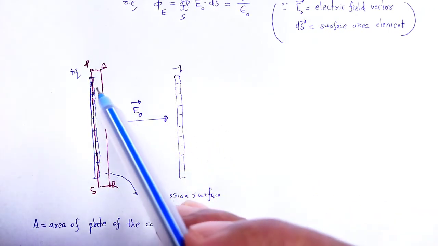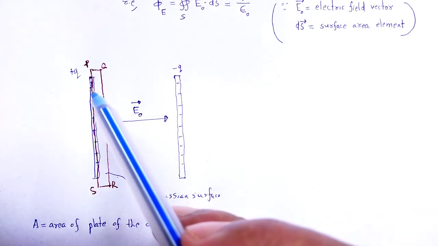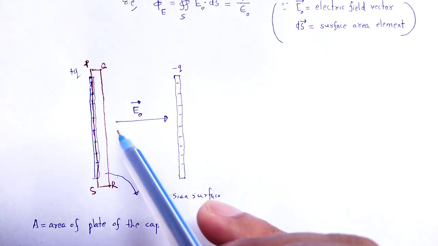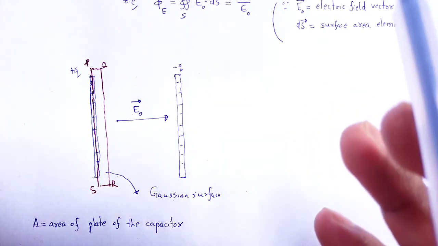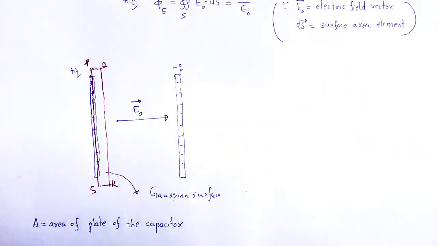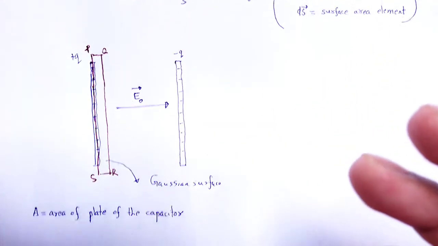Now the electric flux through that Gaussian surface, with vacuum as the medium between the plates of the capacitor, can be calculated according to Gauss's law.